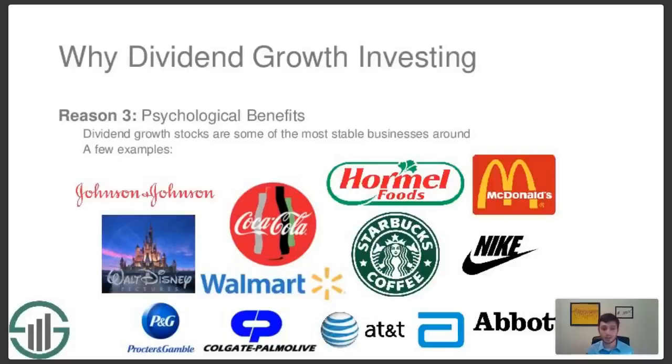For me, when I hear, okay, Coca-Cola has increased its dividend every year for over 50 years. It's been around since the late 1800s. It's probably not going to go out of business tomorrow. I have less confidence in Groupon as an example, because they've been around for 5 years. So there's just an extra psychological benefit there.